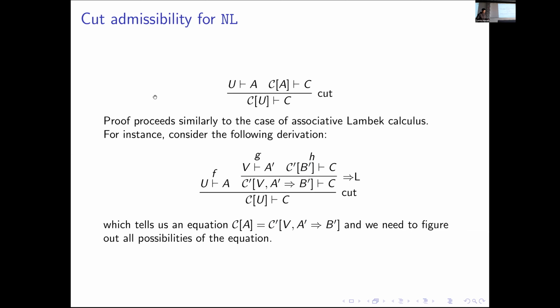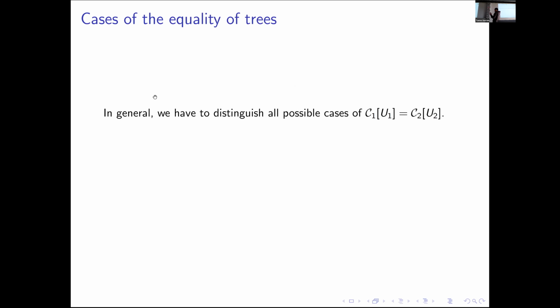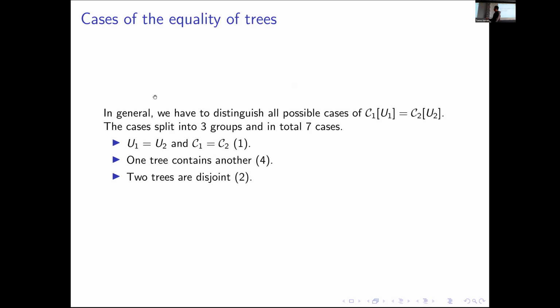So in order to prove cut admissibility for NL, we also need to figure out all possibilities of the equation. In general, we have to distinguish all possible cases of this equation of two contexts C1, C2, and also two trees U1 and U2 substituted into C1 and C2 respectively. There are three groups of cases, and in total 7 cases.